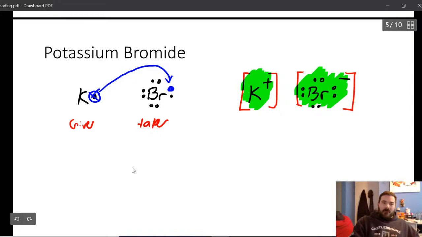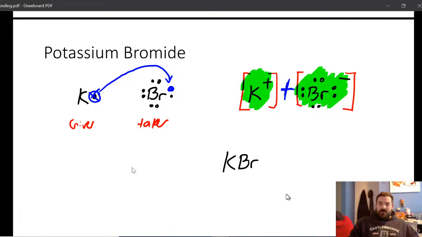They're drawn together by their opposing charges, and they create an ionic bond. We call it ionic bond because it's bonding between two opposite charges. So now this becomes potassium bromide.